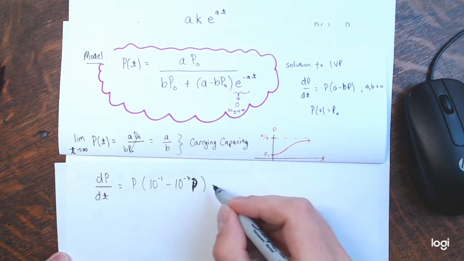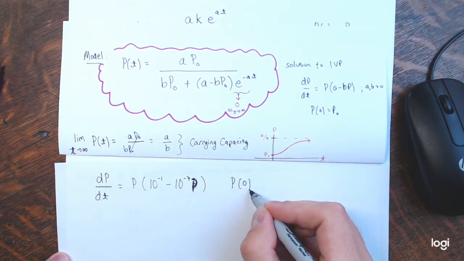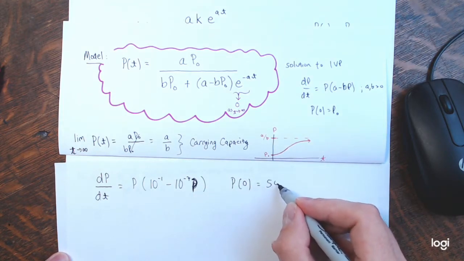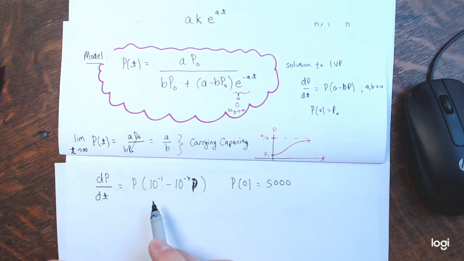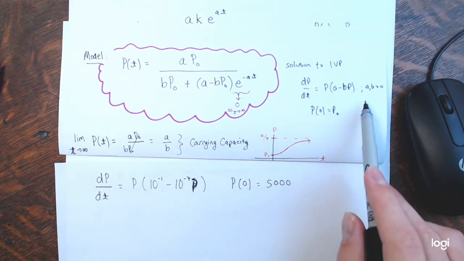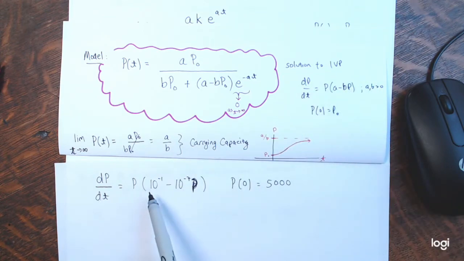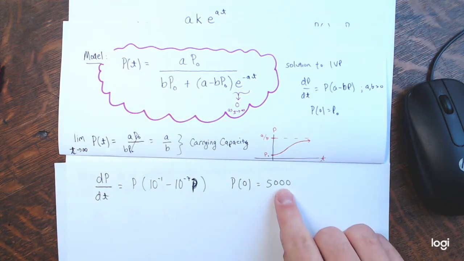And the initial condition, P sub 0, is 5,000. So I've got everything I need. It looks exactly like this. I put in 10 to the negative first for A, 10 to the negative 7th for B, and 5,000 for P0.